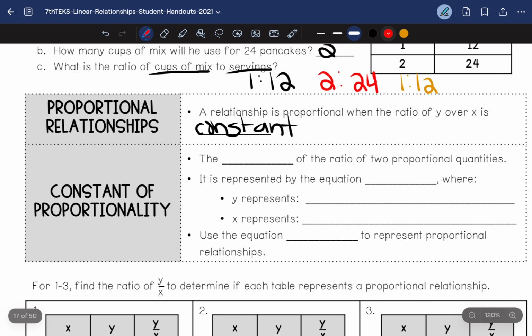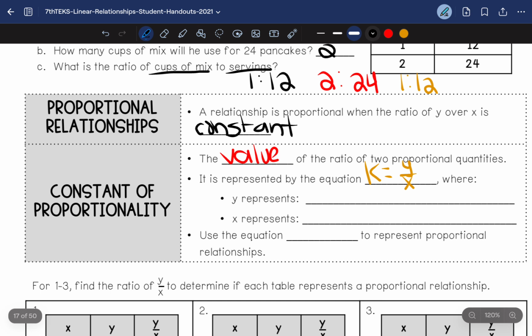So the constant of proportionality is the value of a ratio of two proportional quantities. So it is represented by the equation k equals y over x.